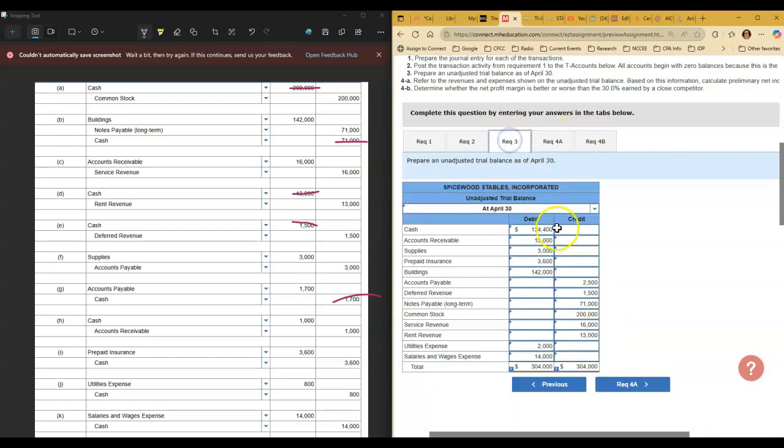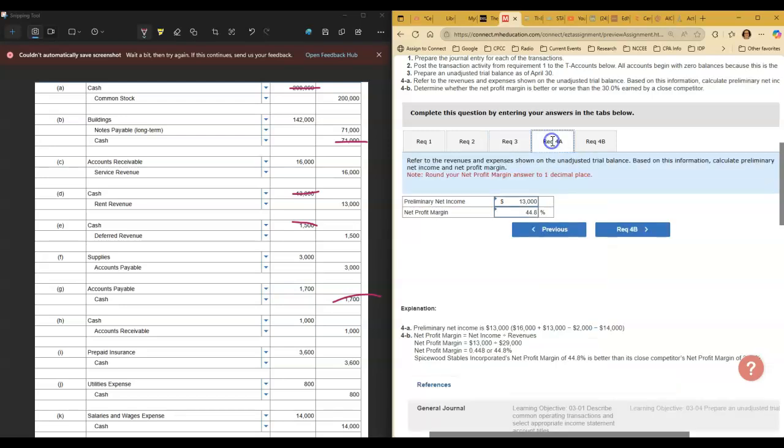Once that balances, we step back from it and go, do those balances look legit? Okay, and if we think so, we move on. We can now calculate preliminary net income, net profit margin, maybe put together a financial statement, an income statement, a retained earnings statement, a balance sheet. We do any of those, okay?